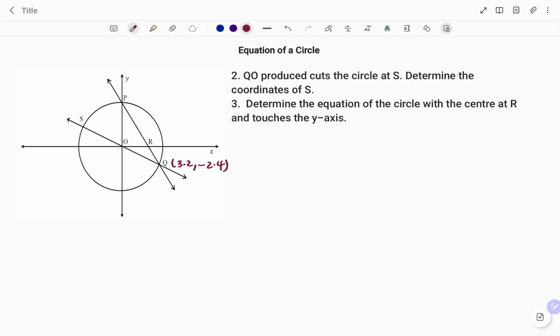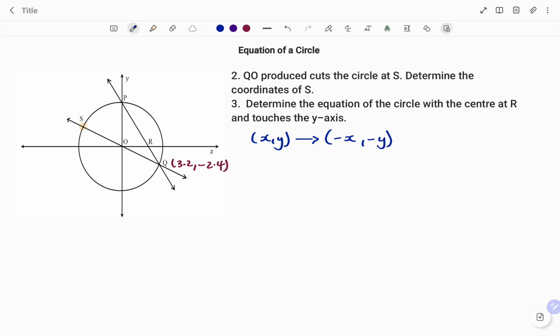Therefore, to determine the coordinates of S, as shown, you can see that Q, when reflected about the origin, gives S. If you're reflecting about the origin, your (x, y) becomes (negative x, negative y).